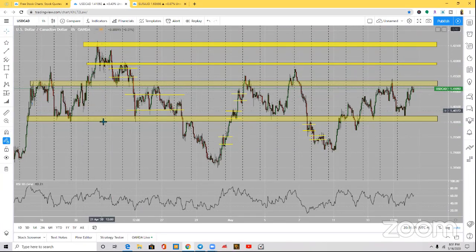Everywhere I'm marking consolidation zones, you can clearly see three pushes, even if it's not a clear three pushes.